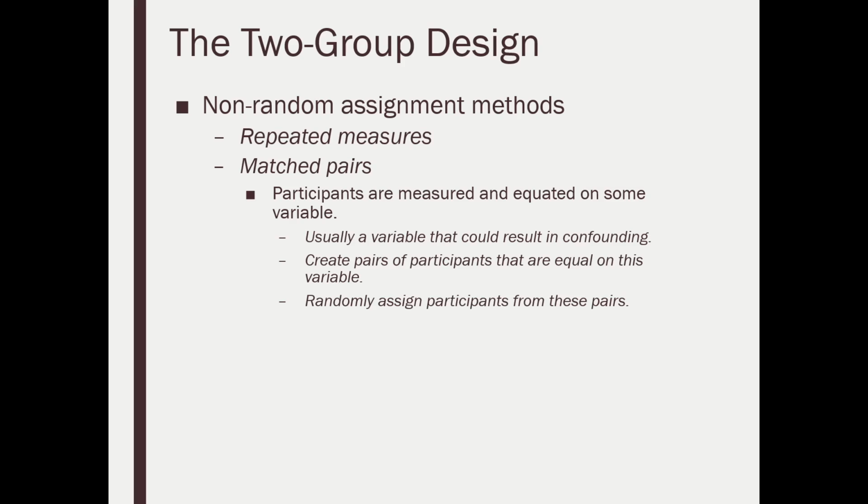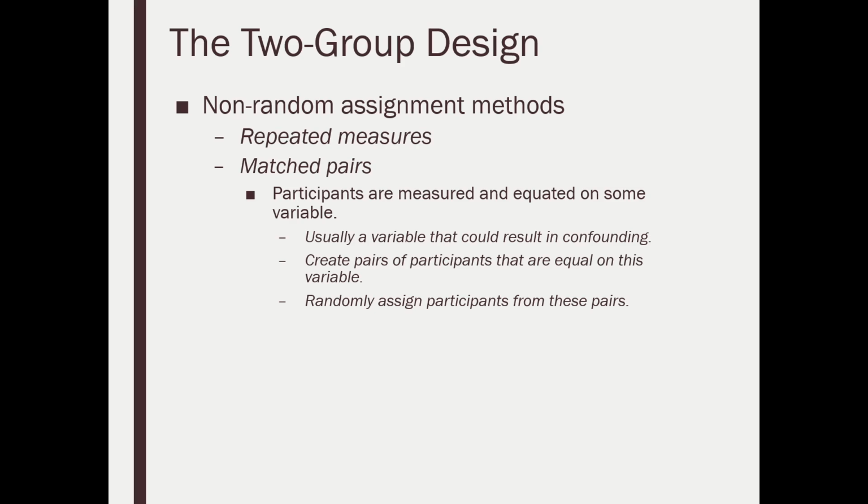Once we've got our pairs formed, now we're going to form our two groups by randomly assigning one member of the pair to the control condition and one member of the pair to the experimental condition. So this is where the randomization happens. We have a small n otherwise, but n means number of participants in the sample.